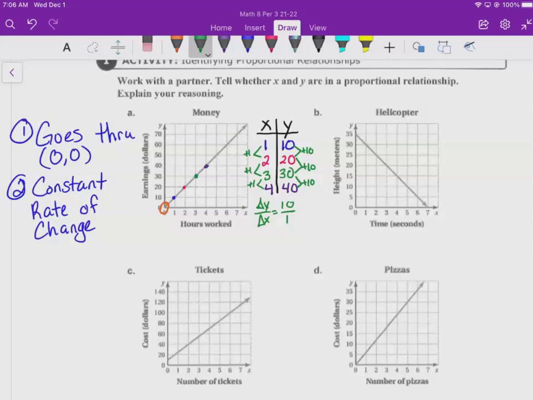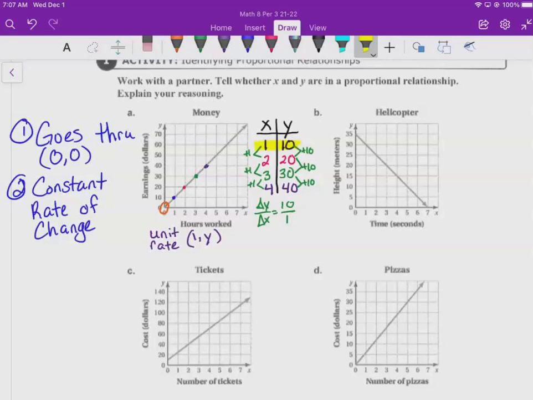Okay, so this is what that means. Now, we're looking at hours worked down here and earnings. So we've got earnings per hours worked. So we have our unit rate. Ooh, that's a word from last year. Unit rate, which is 1 comma y. And so in this one, that means we have 1 comma 10.